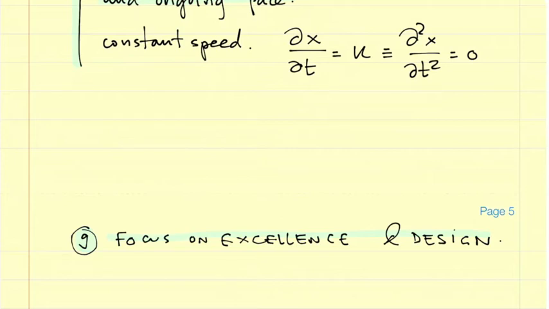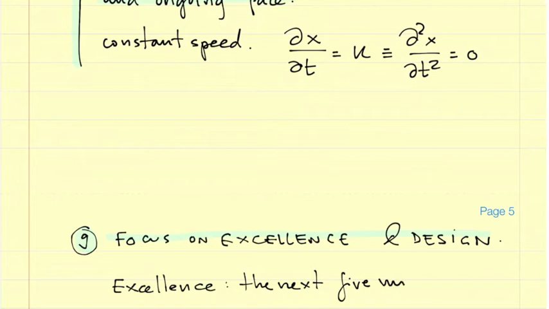I tell you what excellence is. Excellence is the next 5 minutes. So excellence is now. It's your behavior now. It's your next email, your next call, your next greeting to a coworker. The next 5 minutes is what makes you. Okay.